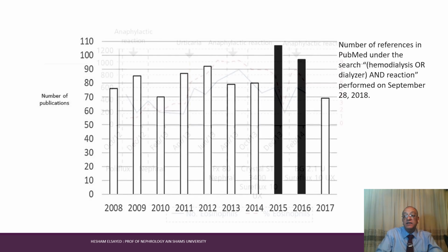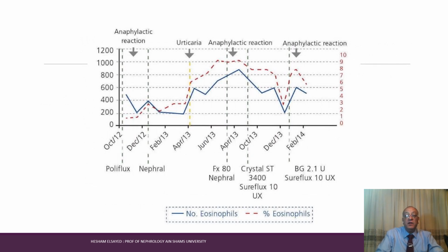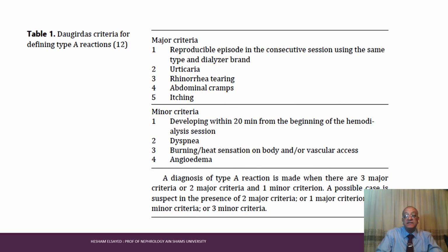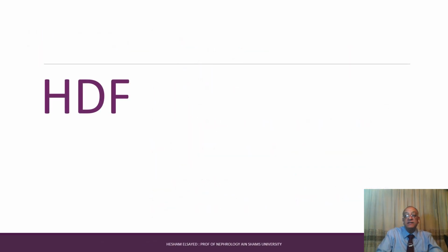Still, we have seen a lot of hypersensitivity reactions, with anaphylactoid reactions, urticaria, anaphylaxis, or any other types. And it has criteria, usually dyspnea, itching, pruritus, that may be induced within the first 20 minutes from the beginning of the hemodialysis session.